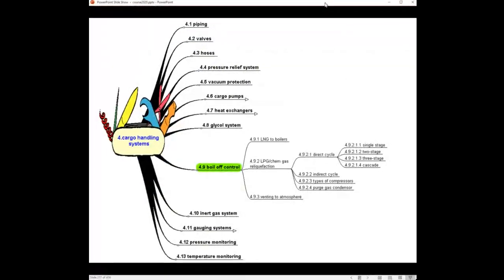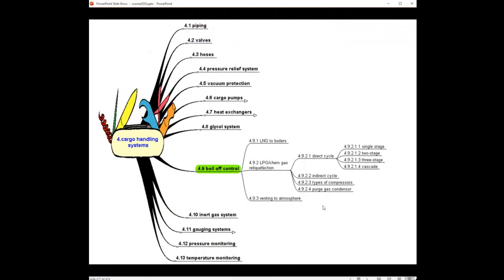Then back to the course where we stopped. So we stopped here, if I remember well. And today we will speak about the boil-off control on board of the different gas tankers. For the boil-off control, there are 2 options. The one they use on board of many LNG carriers, namely they use the boil-off gas for propulsion purposes, so it's sent to the boilers and then used for propulsion.